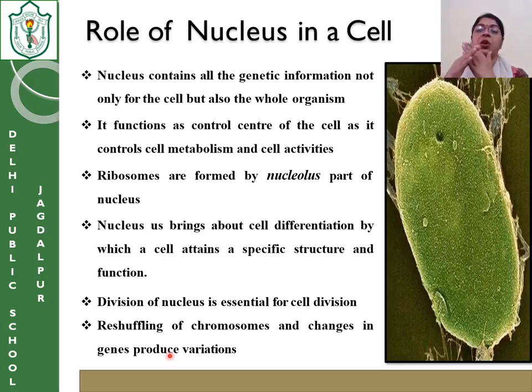When it is crossed, if only the father's gene came into the zygote and the mother's gene has not come, then for that particular feature, only the father's genes are going to be dominant. So these things will come in a later class. You need not worry about this now.